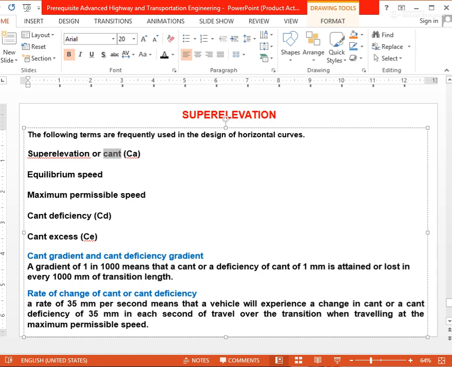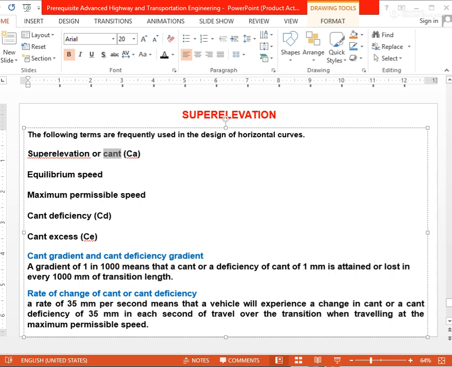The super elevation or cant, I should tell the definition again: it is the difference in height between the outer and the inner rail on a curve. It is provided by gradually raising the outer rail above the level of the inner rail, and the inner rail, also known as the gradient rail, is taken as the reference rail and is normally maintained at its original level.